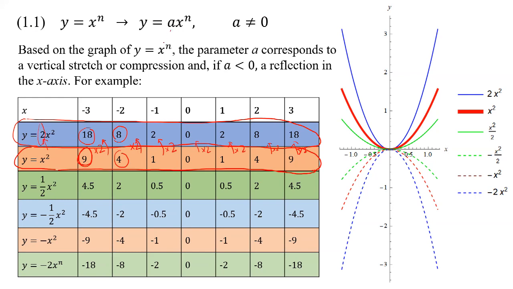So if we put a coefficient here, the parameter a corresponds to a vertical stretch or a compression, depending on the value of a. If the absolute value is greater than or equal to 1, this is a vertical stretch. And if the absolute value is between 0 and 1, it should be a compression.